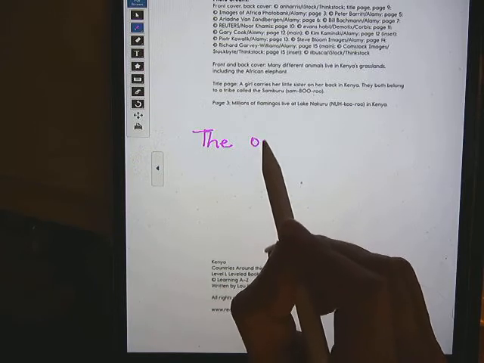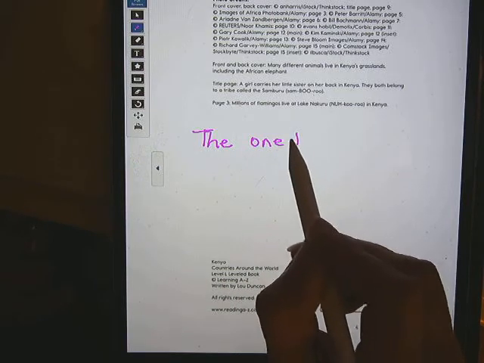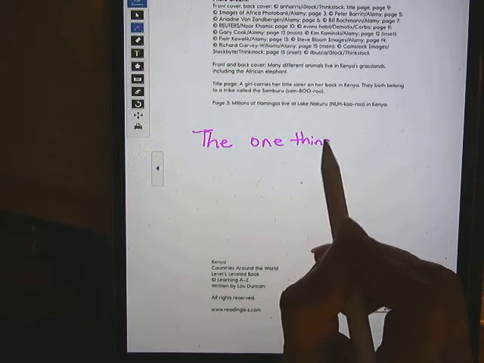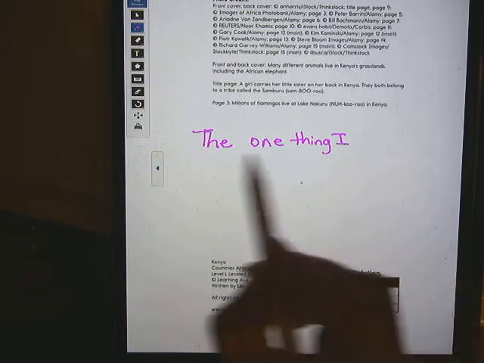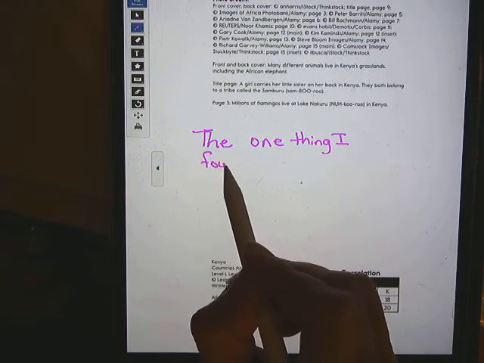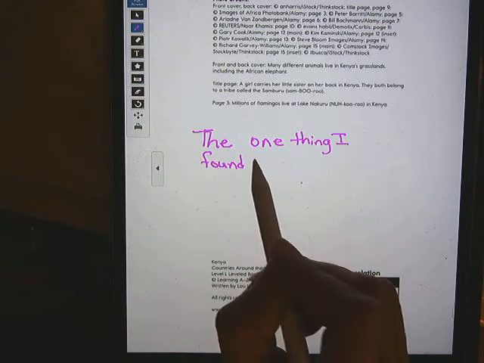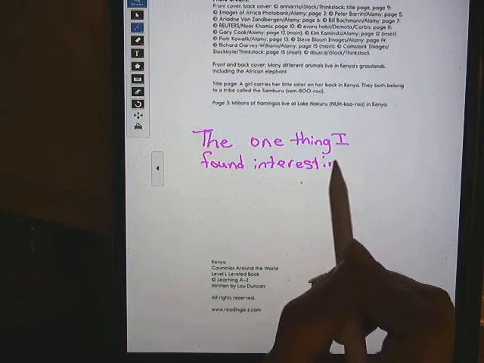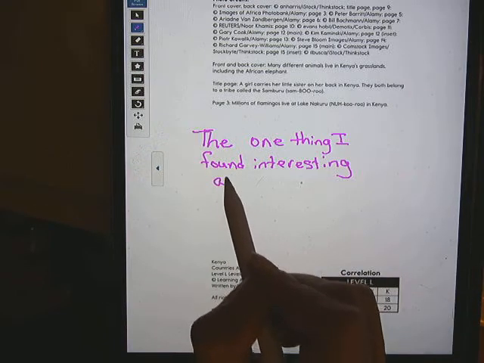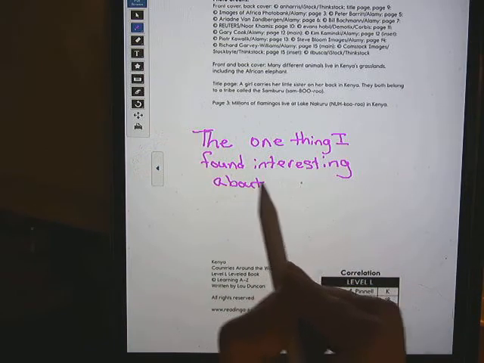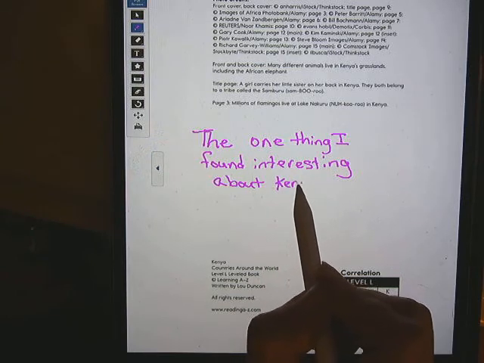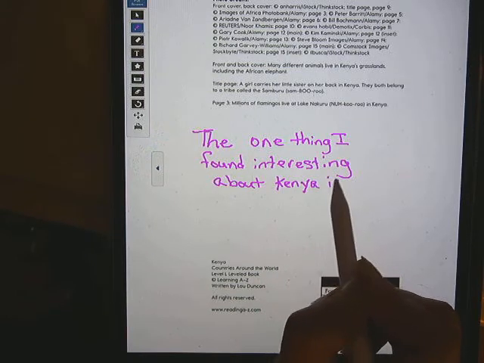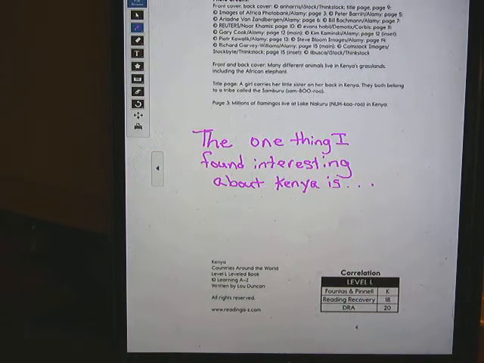The one thing I found interesting about Kenya is, all right.